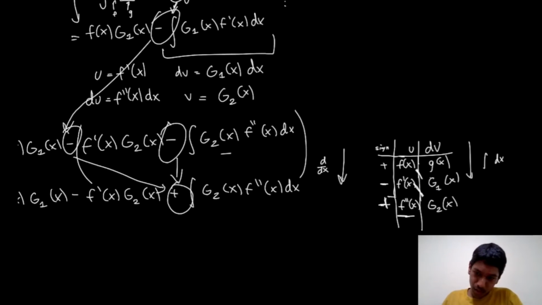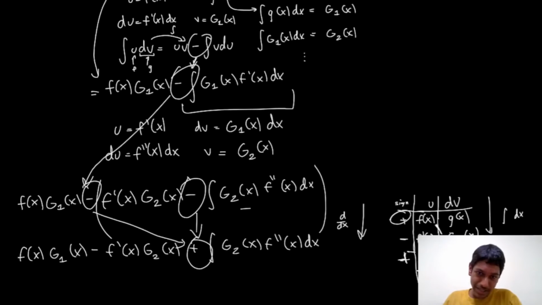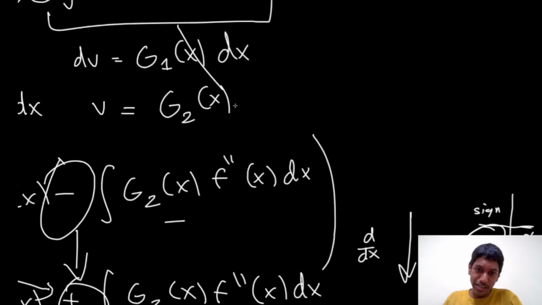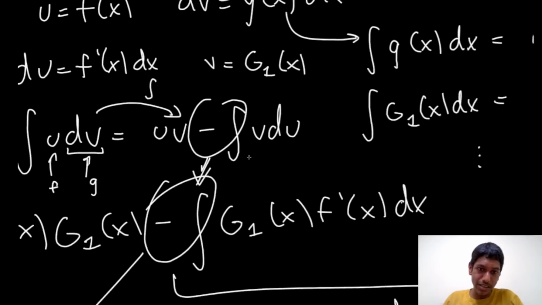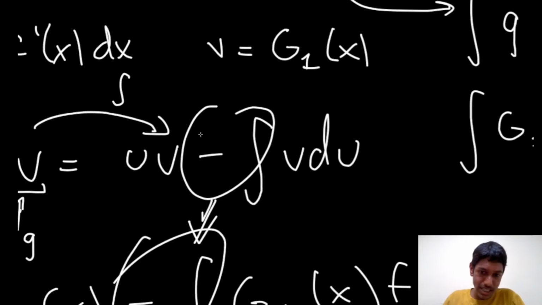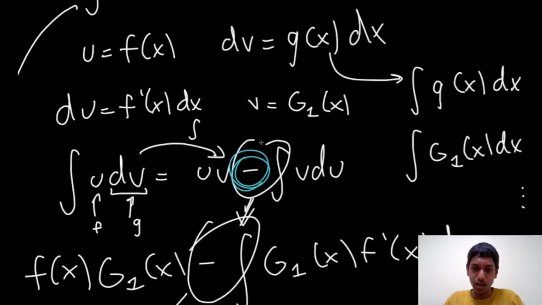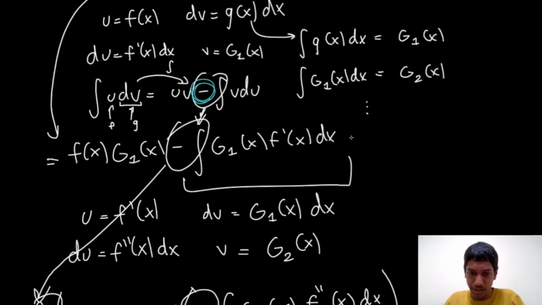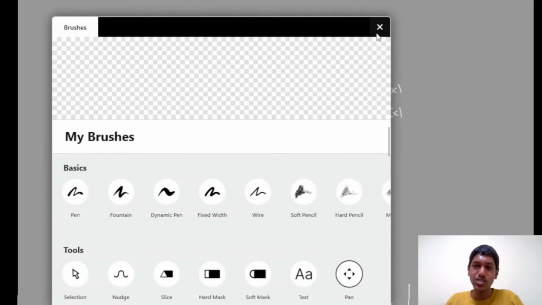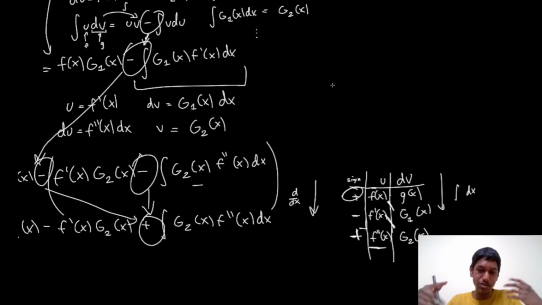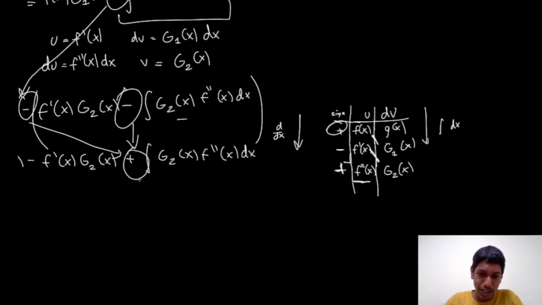So really, the whole reason we see this alternating pattern of plus minus plus is single-handedly this minus sign in the whole IBP formula, because it combines with other ones as you go along until you get minus plus, or plus minus plus, and so on. And you could actually do the third time on your own, and you would see you'd get a minus here.